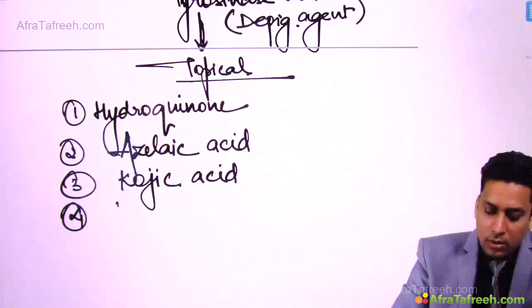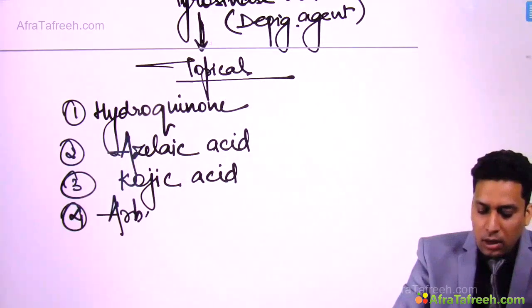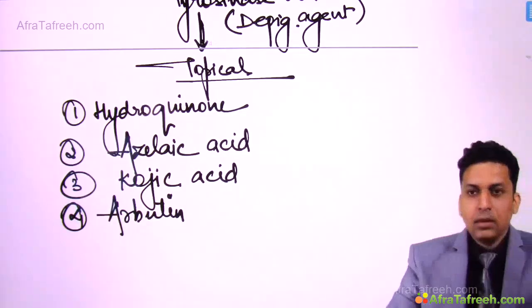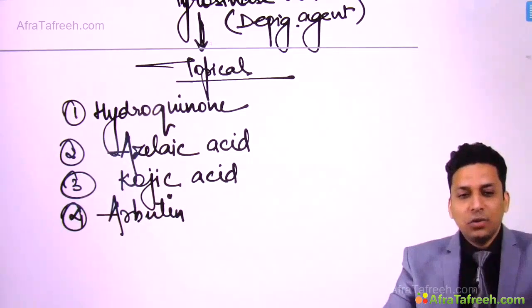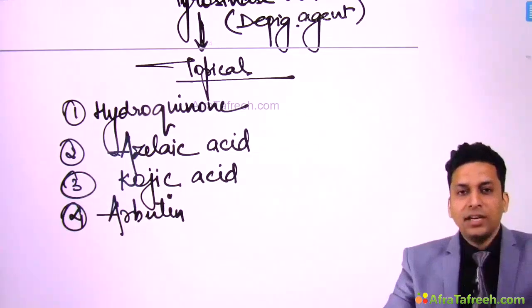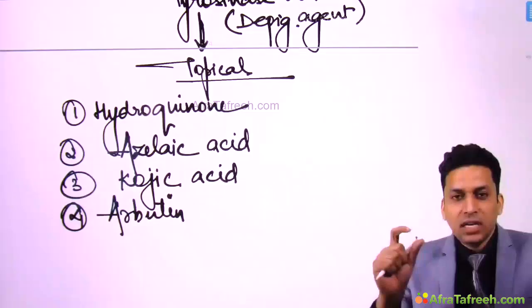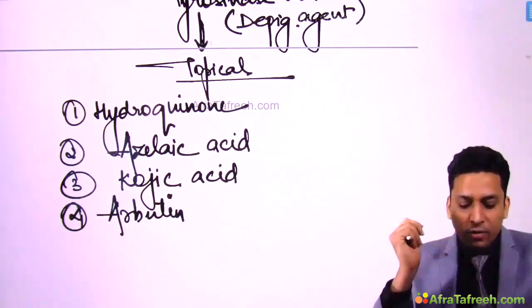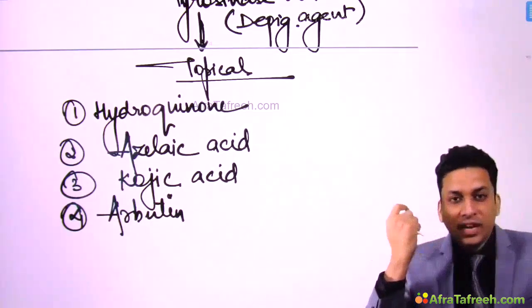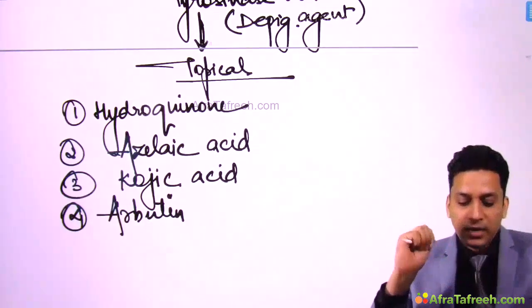Fourth, arbutin. So hydroquinone, azelaic acid, kojic acid, arbutin, all these are the topical tyrosinase inhibitors. These creams are available, so you can simply ask the patient to apply them over the melasma lesion, and because they are tyrosinase inhibitors, gradually this pigmentation subsides.